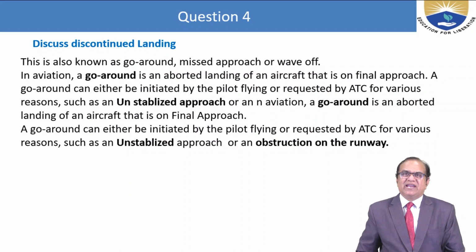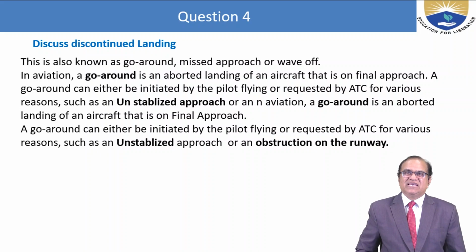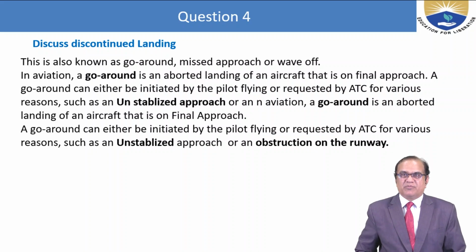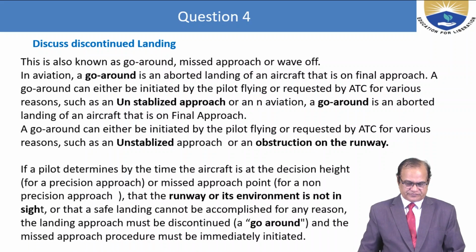A go-around can either be initiated by the pilot flying or requested by ATC for various reasons such as an unstabilized approach or an obstruction on the runway.